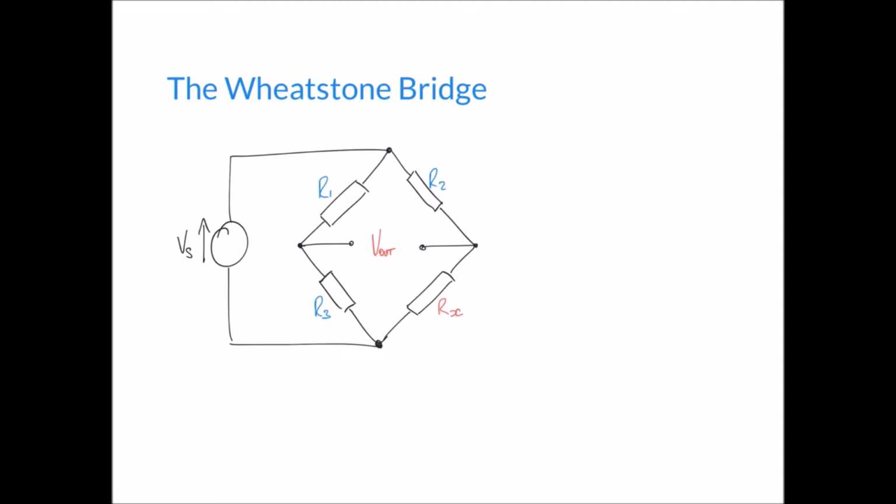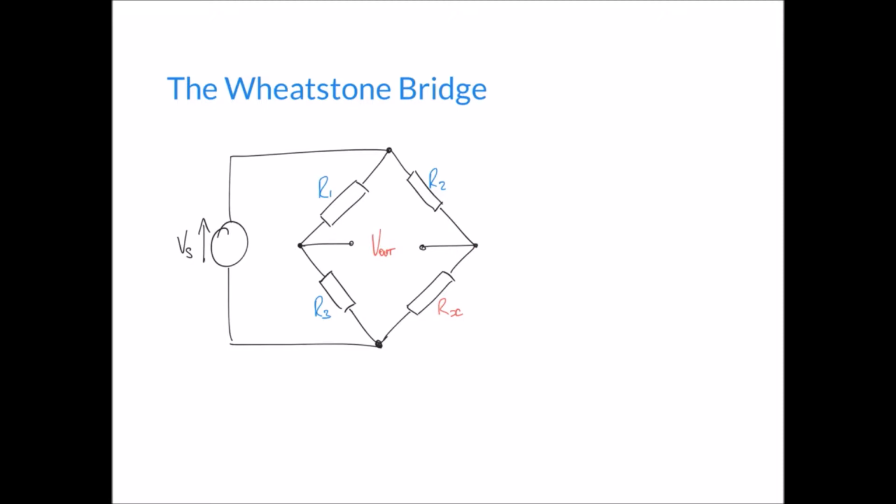And when I say that we're going to balance it, we want this voltage that we've got marked on here, I've called it V out, the output voltage, to be 0. And if it's 0, then the circuit is balanced. So if our circuit is going to be balanced, it means that this voltage here should be equal to this voltage here.